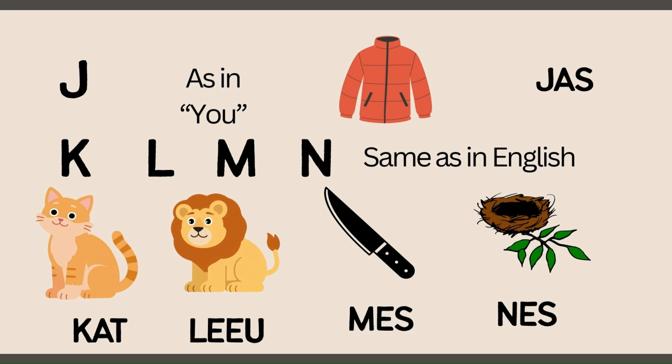Now, the next few letters are pronounced exactly the same as in English. K, L, M, N. So we have a cat there, a lion, a knife, and a nest.